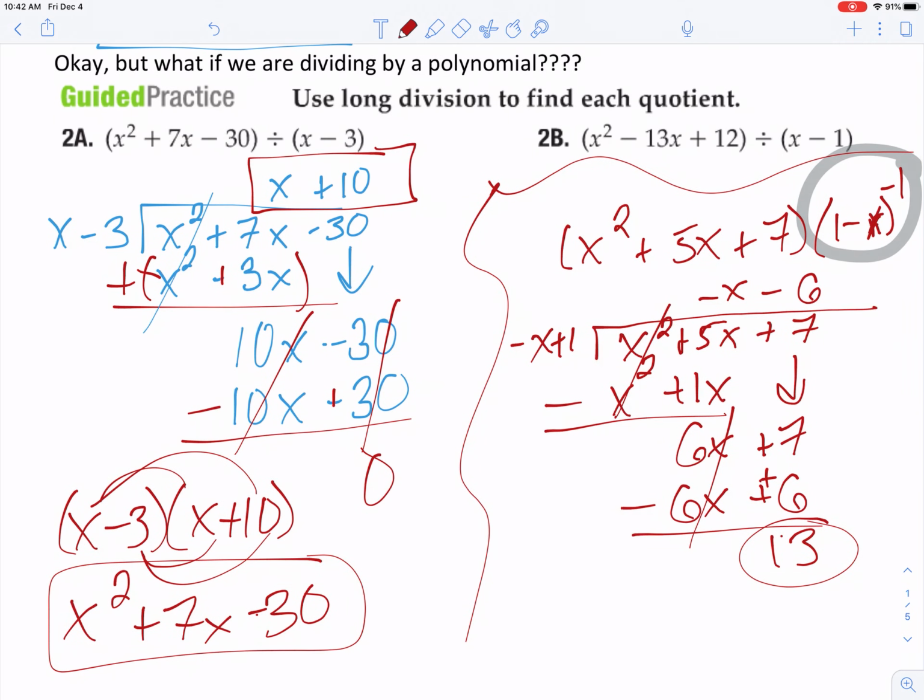All you do is take that 13, you're going to add it on, and you're going to write it over the divisor. So my final answer this time is actually negative x minus 6 plus 13 over 1 minus x. Again, that should have been an x.